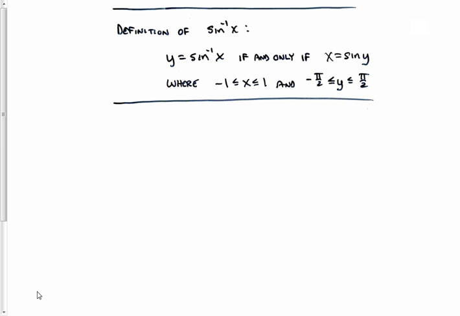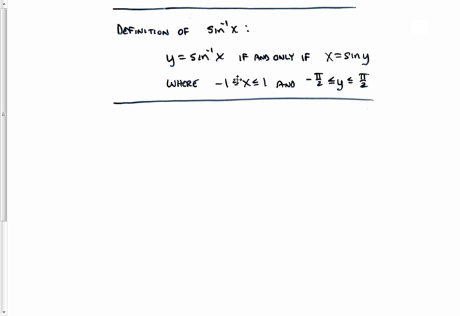So the definition of the inverse sine function goes this way. The function y = inverse sine of x is true if and only if we take the sine of y and we get this result x. That's what this says: y = inverse sine of x if and only if x is equal to the sine of y.